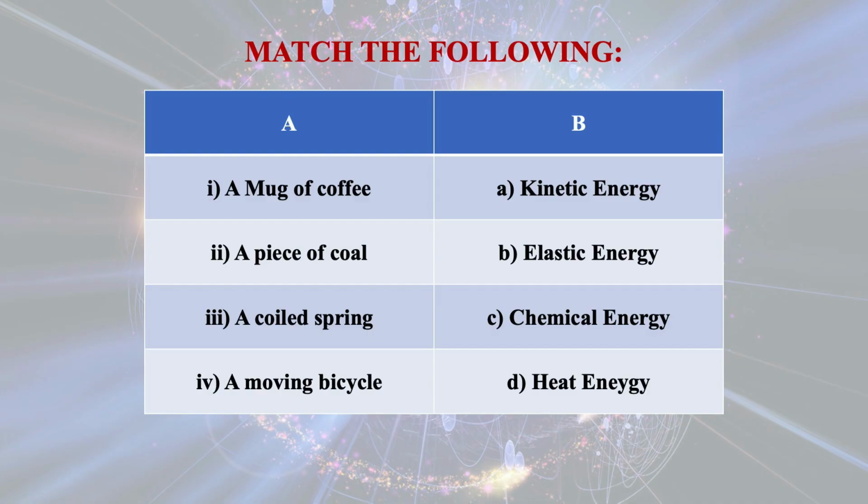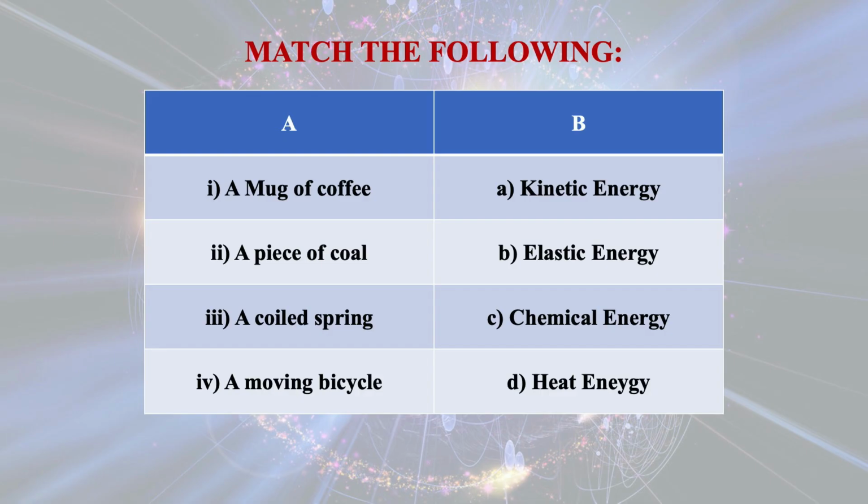Before discussing the main topic, let us first discuss the matching problem. There are two columns, column A and column B. In column A, 4 items are given: a mug of coffee, a piece of coal, a coiled spring, and a moving bicycle.